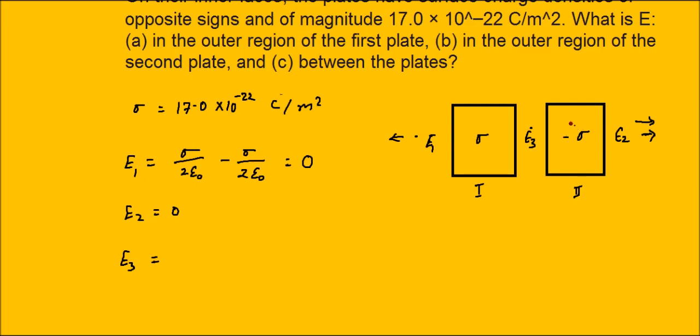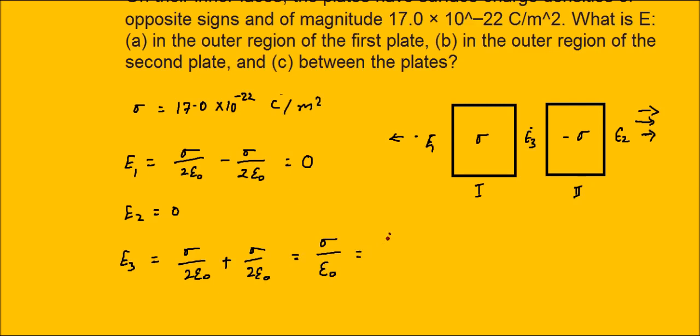The second plate is negatively charged, so the direction of electric field at this point due to the second plate will be in the same direction. So the magnitude due to the first plate is sigma by 2 epsilon naught. Both electric fields are in the same direction, so plus sigma by 2 epsilon naught, which is equal to sigma by epsilon naught.